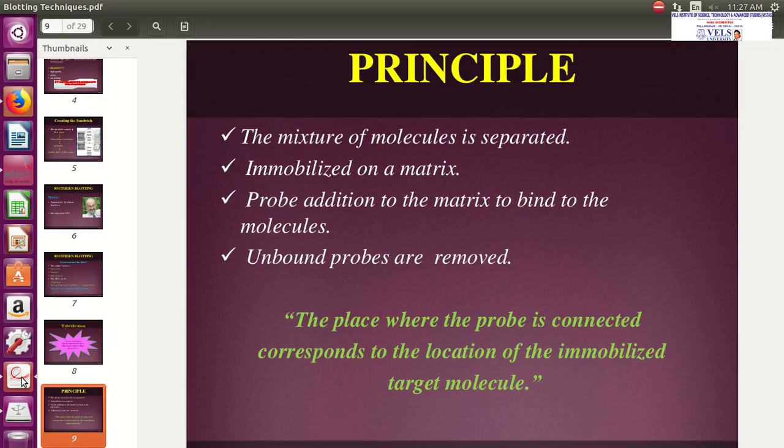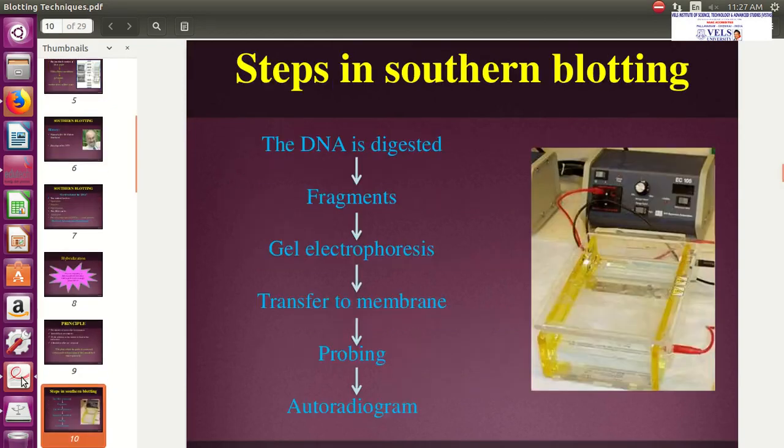These are the steps in Southern blotting. First we have to digest the DNA which is obtained from the cells. Then it has to be fragmented. We have to separate the double-stranded DNA into single-stranded. Then we go to gel electrophoresis, then transfer to the membrane.